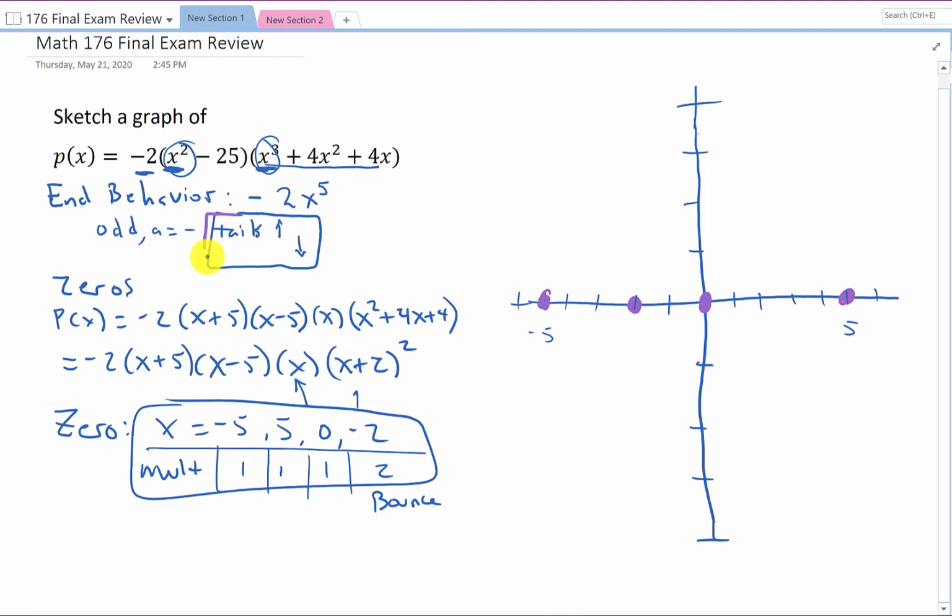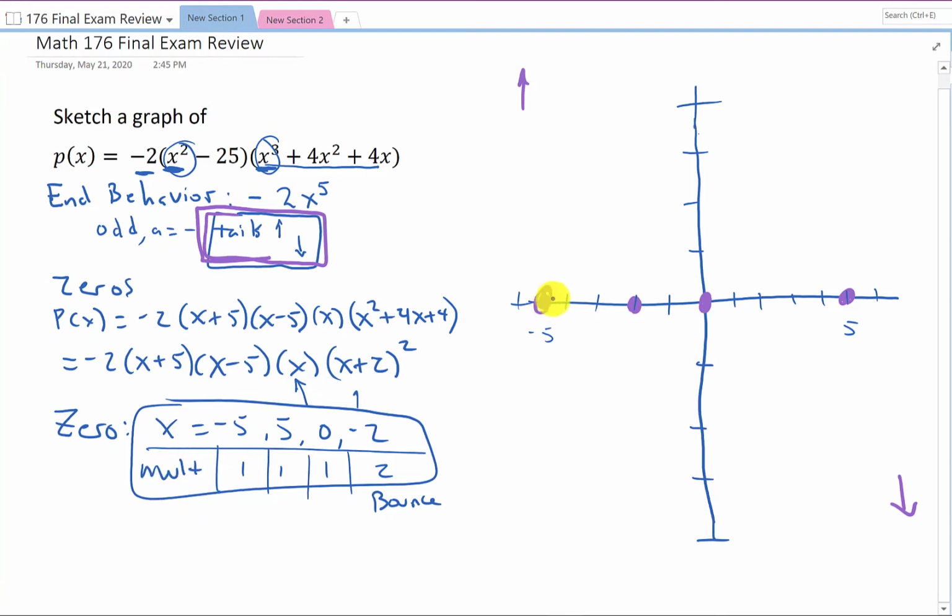Now, I also know the tails. The left side tail is headed upwards, and the far right side tail, as x goes to infinity, is headed downwards. So now I need to connect the tails to the zeros. But as I connect the tails to the zeros, I have to take into account what the multiplicity is doing.